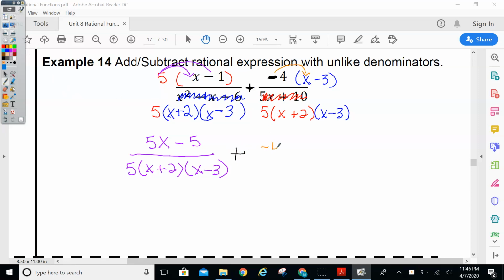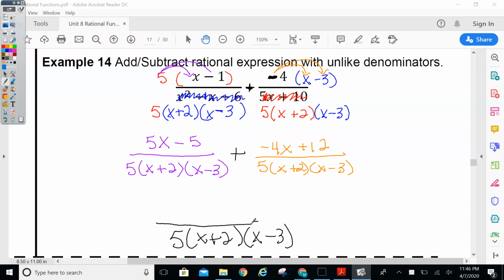Negative 4x plus 12. And we have again this denominator, 5 times x plus 2, x minus 3. So the common denominator between the two is 5 times x plus 2, x minus 3.